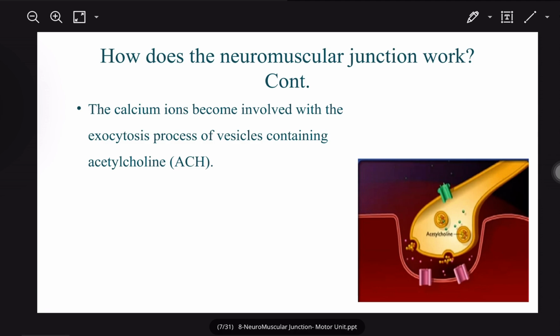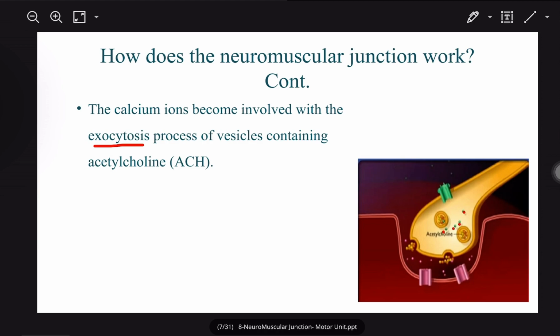How does the calcium ion become involved with what we call exocytosis, the process of vesicles containing acetylcholine? In short, it will release acetylcholine.